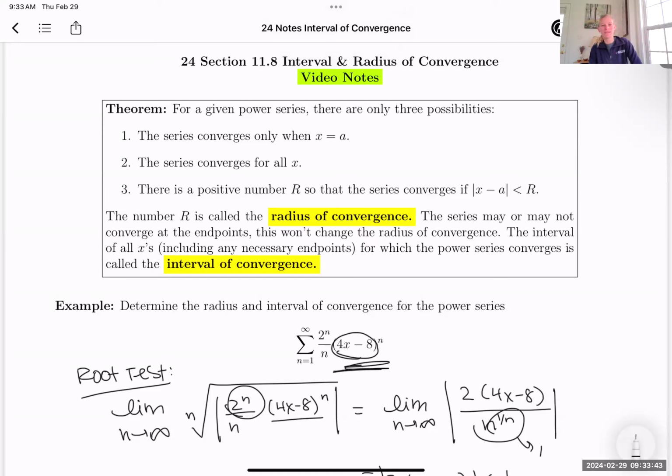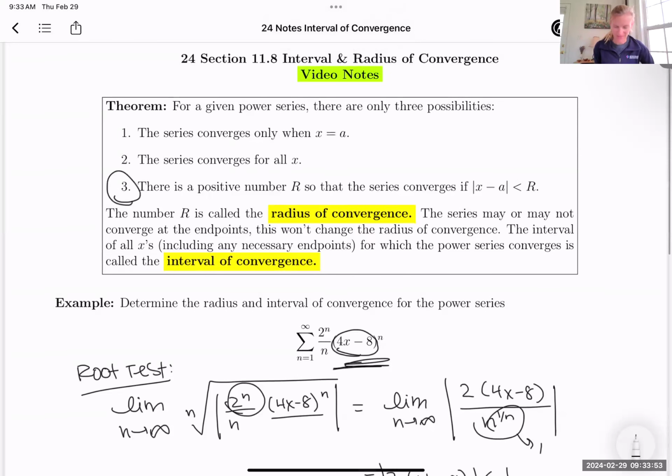This theorem up here tells us that there are 3 possibilities for when we find the interval and radius of convergence. One possibility is what we just found here. This is the third case. This is where there is some kind of radius involved. In this case, the radius is 1/8.